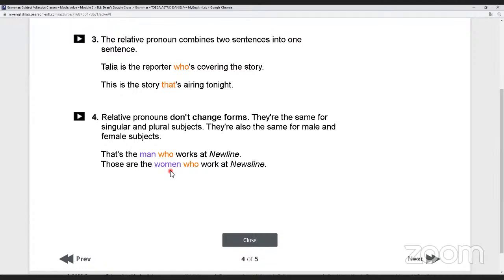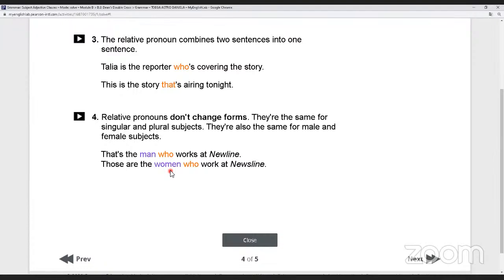There is no change, right? So, if we talk about singular, plural, in Spanish there is a difference. Ellas son las mujeres quienes trabajan para tal compañía. Él es el hombre quien trabaja para tal compañía. Entonces sí tenemos quién y quiénes.